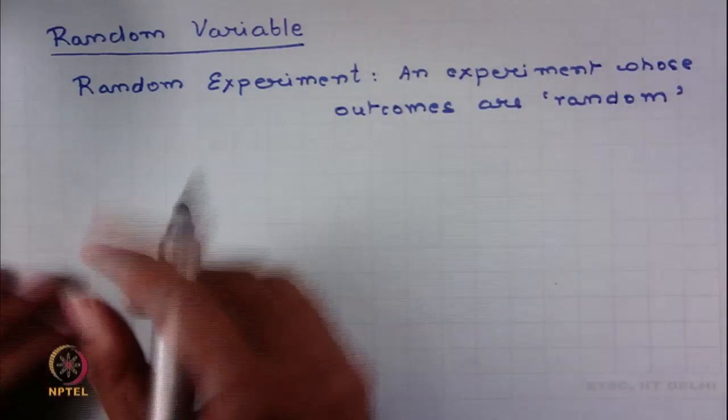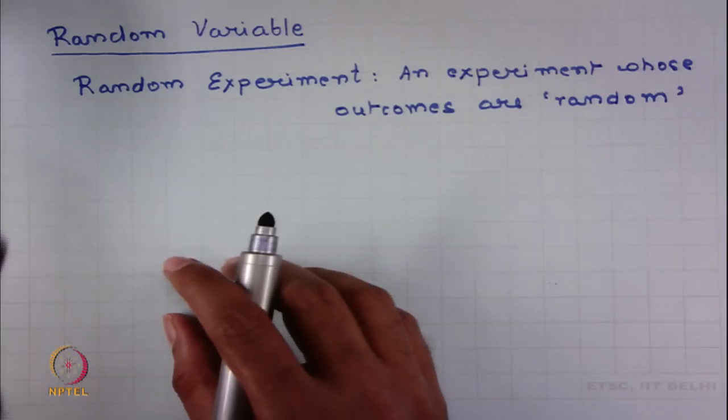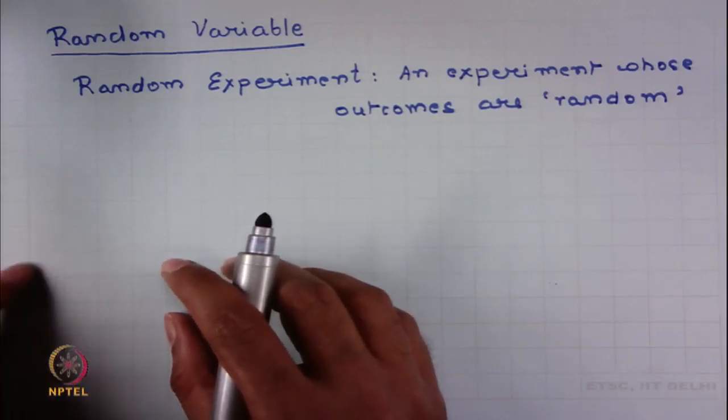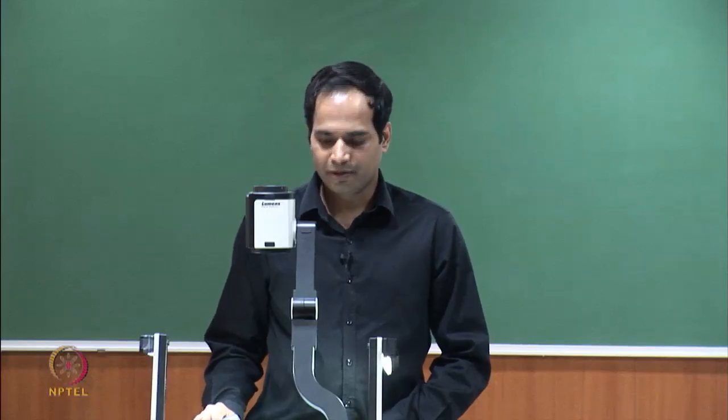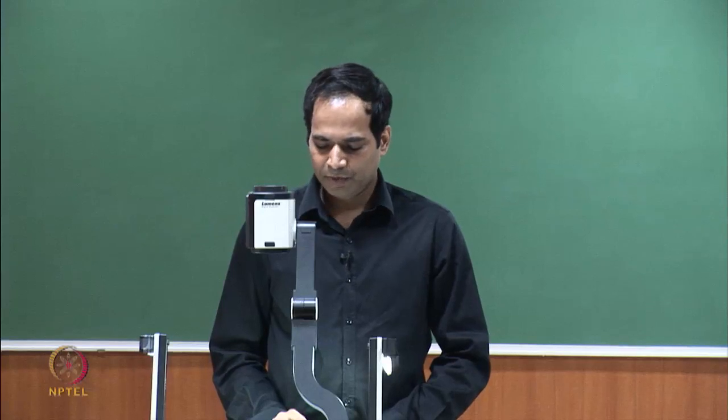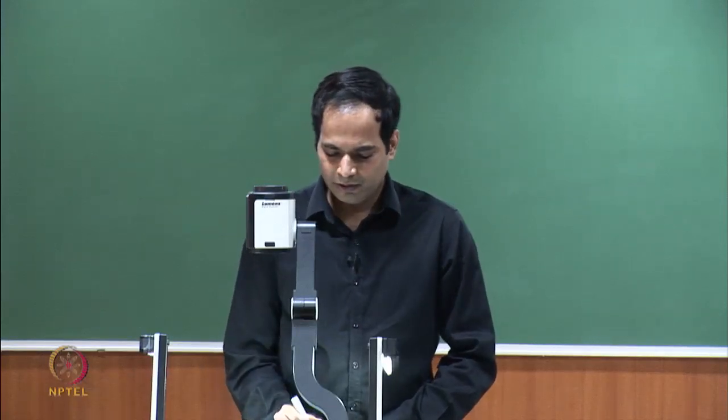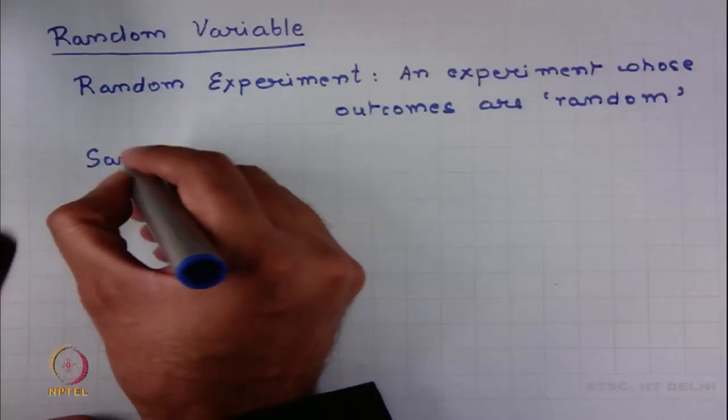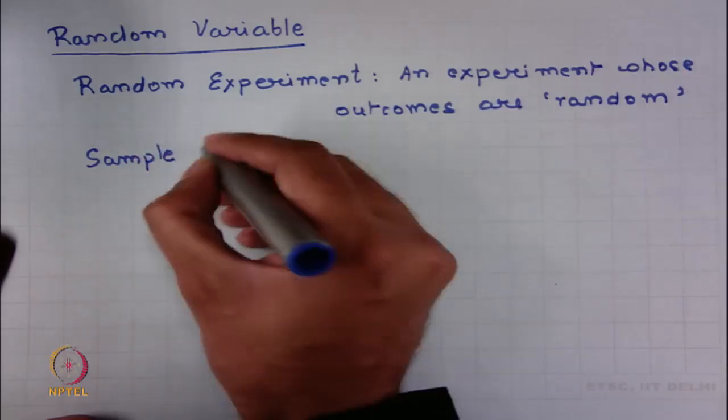For example, if you flip a coin, you know that either you get head or tail. So, the outcome of flipping a coin is uncertain, it is random, and such an experiment is known as a random experiment.